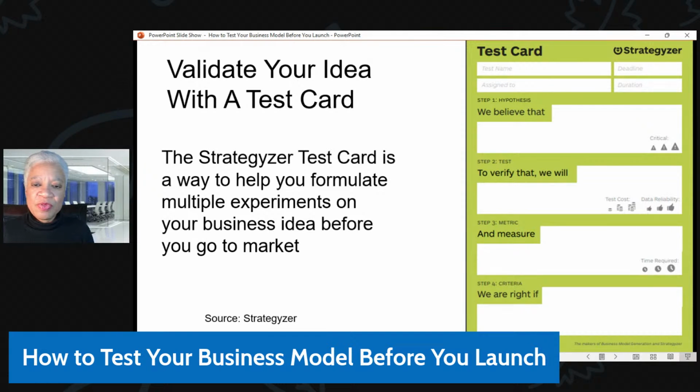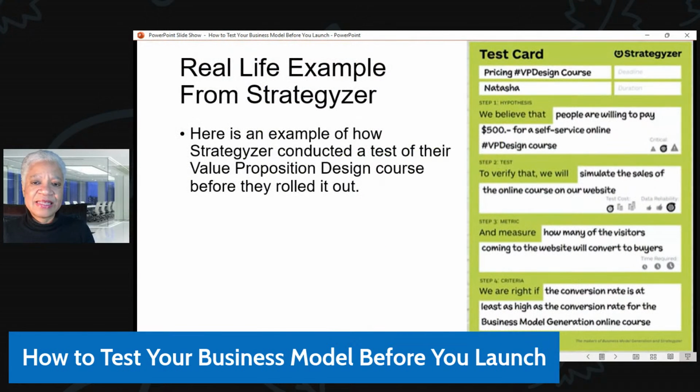And the most important thing is you're also tying this process to your value proposition. And then step 4, what criteria are you using to determine whether or not you're right or wrong? And here is an example from Strategizer. They use this to test one of their courses before they rolled it out.